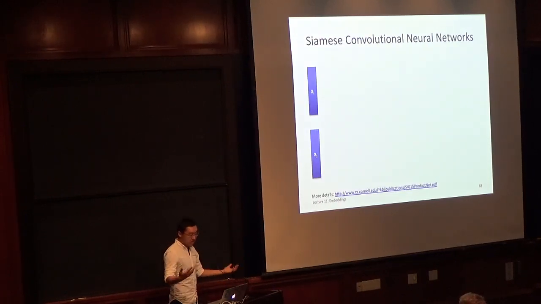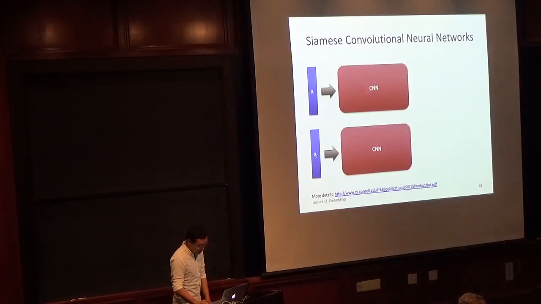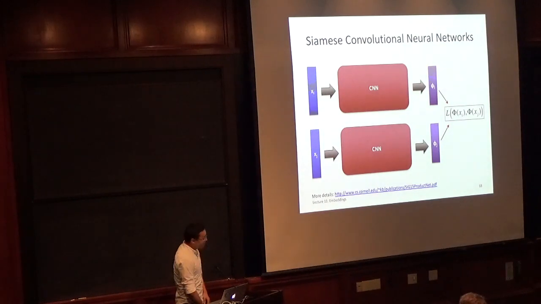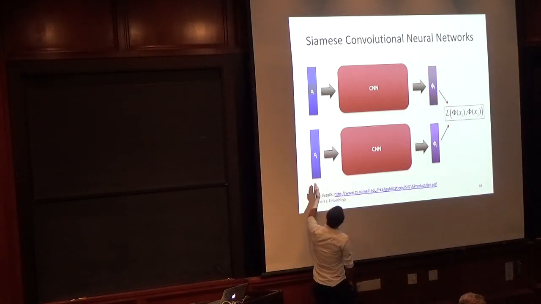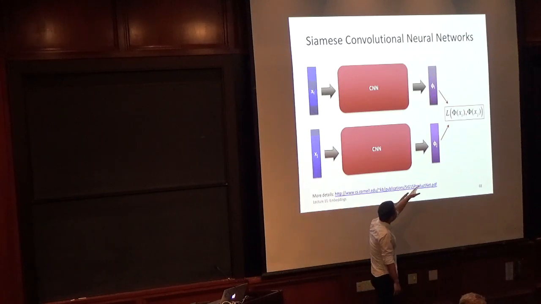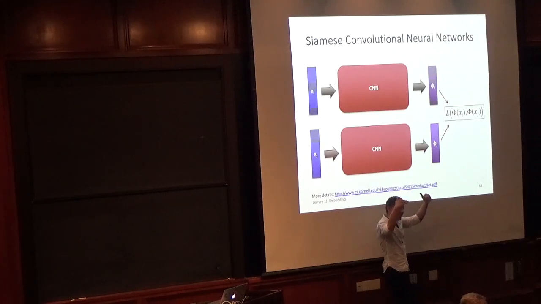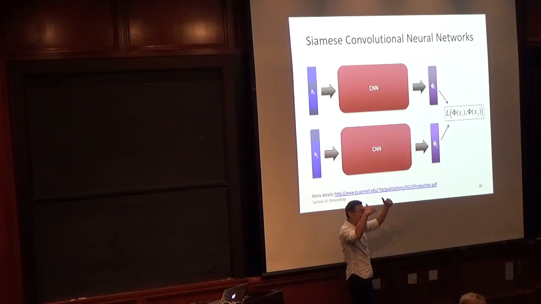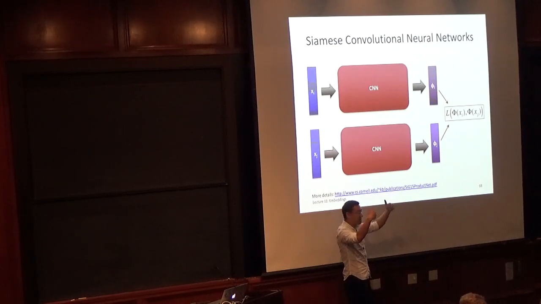In fact, they call this the Siamese convolutional neural network. The reason is that you have a pair of images, and you have a loss function depending on whether or not they're similar or dissimilar. You produce the embedding, which is just the last hidden layer of the neural net, and then measure the distance between the embedding points. They should be close if they're visually compatible, and far if they're visually incompatible.